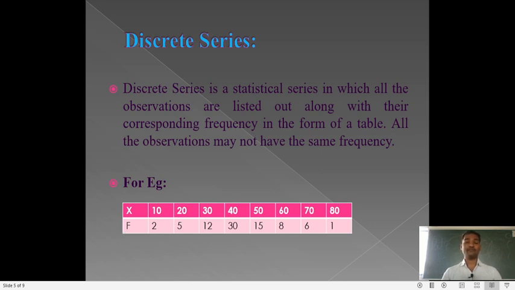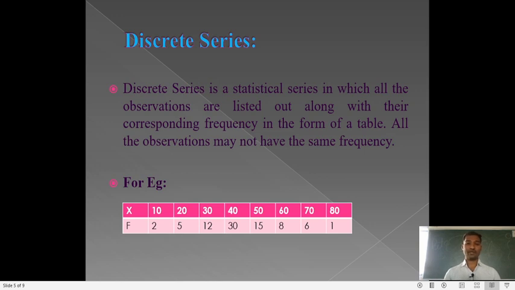So 10 is repeated 2 times, 20 is repeated 5 times, 30 is repeated 12 times, 40 is repeated 30 times. So those are the observations and their frequencies. In a discrete series there are observations and in front of them their frequencies. So it is the second example of a data series, the discrete series.